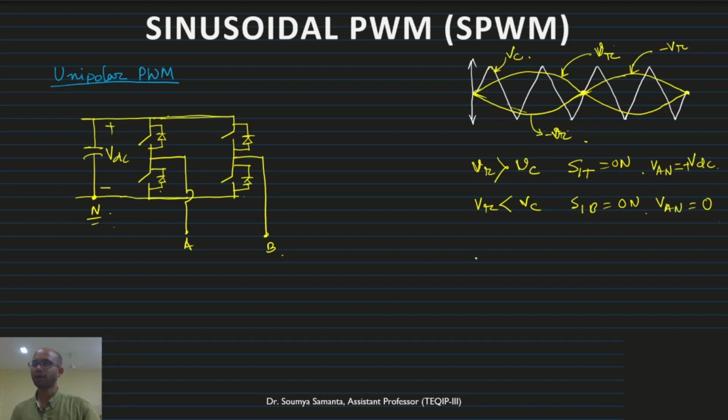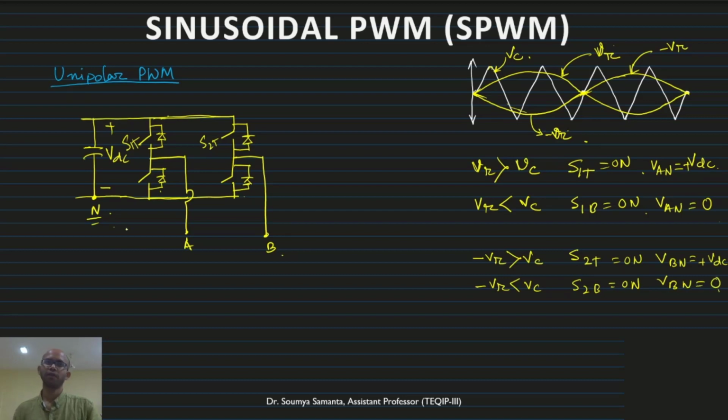Similarly, in another case, suppose minus VR is greater than VC, then S2T will be on, so VBN will be plus VDC. Similarly, when minus VR is less than VC, S2B will be on, which means VBN will be equal to 0, that is, grounded.